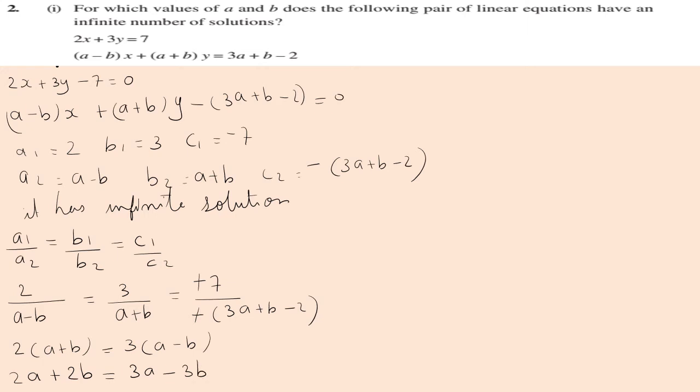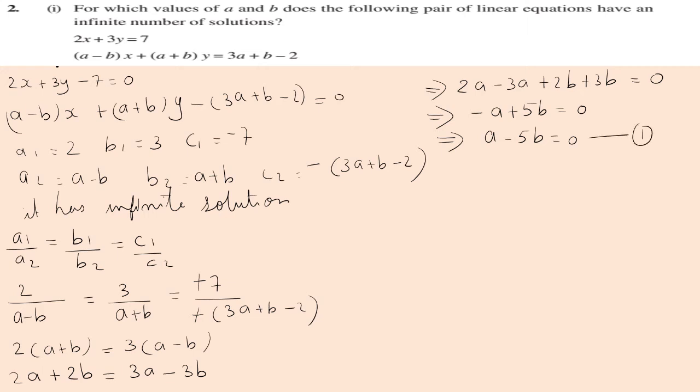From this you can write it as 2a minus 3a plus 2b plus 3b equal to 0, that is 2a minus 3a, that is minus a, plus 5b equal to 0, or you can write it as a minus 5b equal to 0. Number the equation as 1.